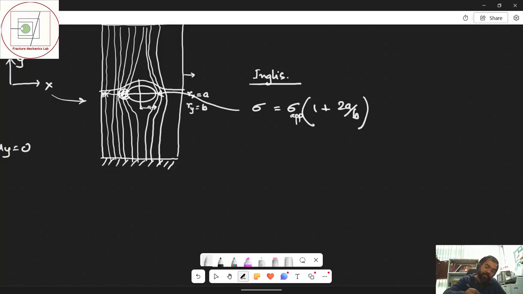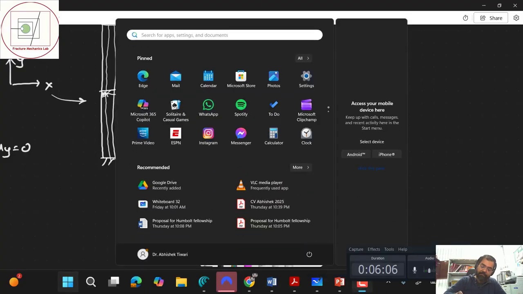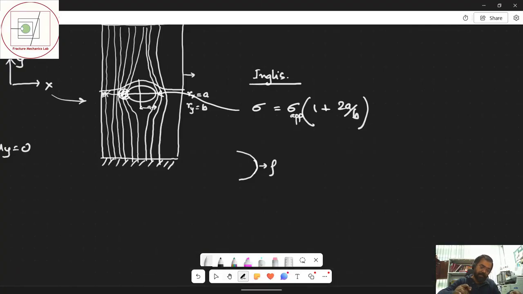If you convert this geometrically to the root radius of the ellipse, the radius of curvature here, defined as rho, then the root radius can be described as b square by a.